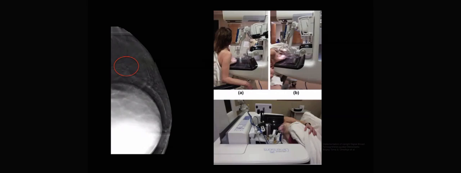And after you advance your needle, you have to take a picture. When you take the picture, you will confirm that you are at the right place with post-procedure images, and then you will take the samples. And then after you take the samples, you will image the sample while the patient is still in that position and the needle device is within her breast.